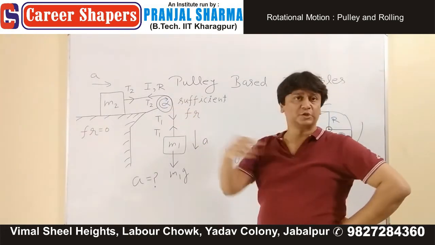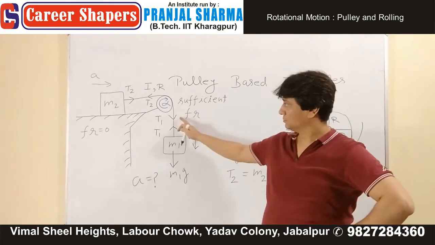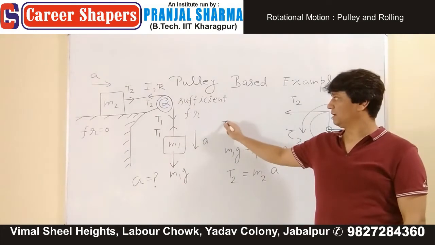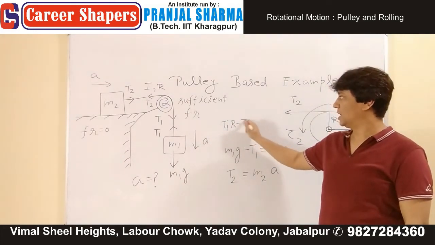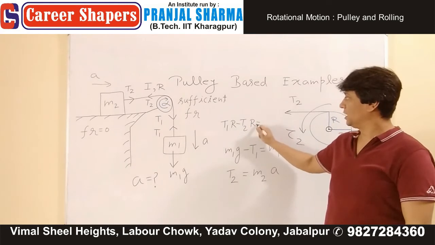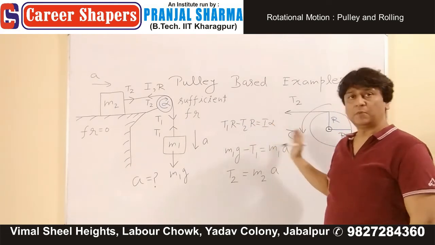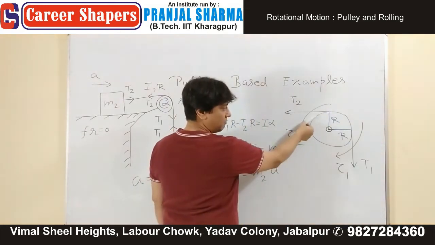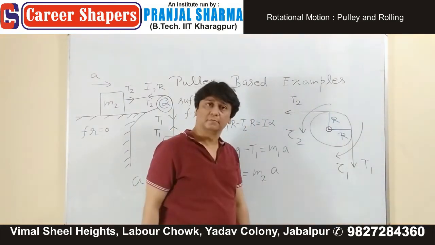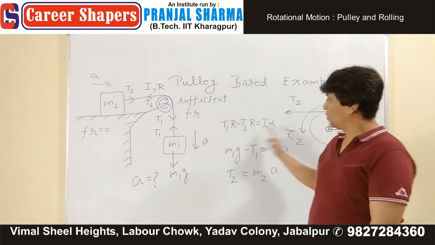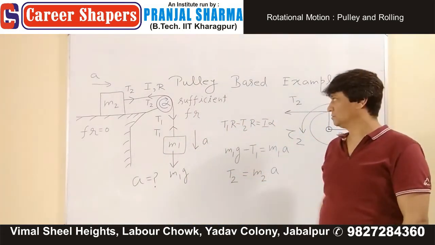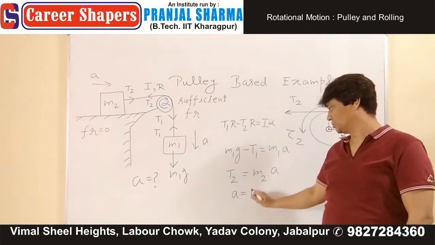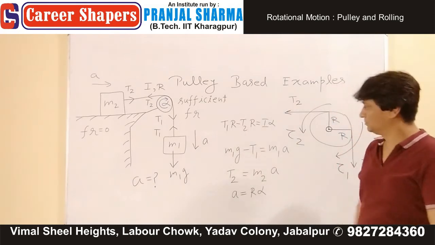Which means which one is the dominating torque? Of T1. Write down that T1 into R minus T2 into R equals I alpha. Exactly same equation. It doesn't matter if T2 acts here, right here, or at this place. Torque wise, you are getting the same equation. No slipping gives you A equals R alpha.